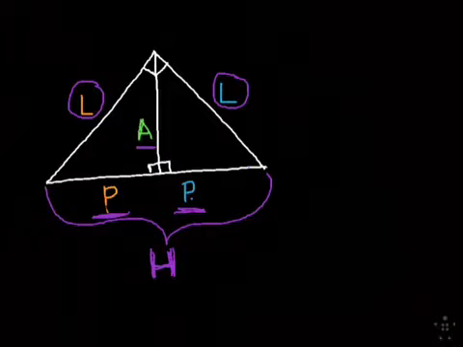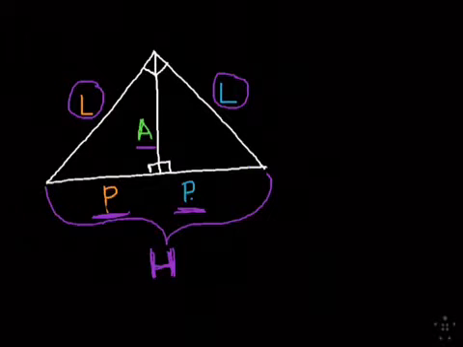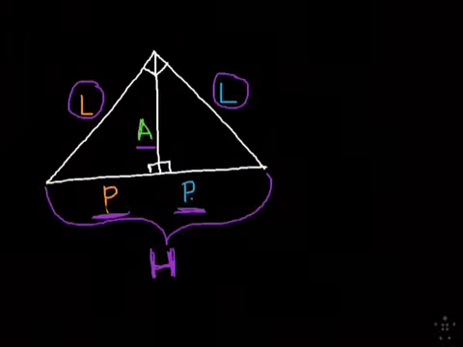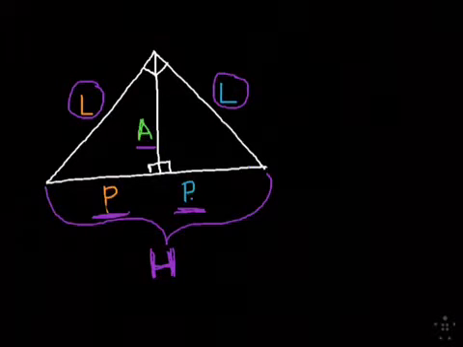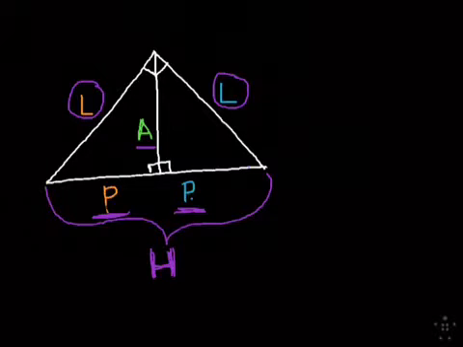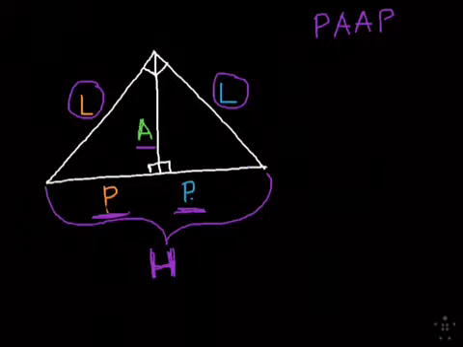When you're using the geometric mean, it might make it a little simpler than having to take this big triangle, split it into the two smaller triangles, and put the corresponding angles in the appropriate places. That can get confusing. So we're going to try this way instead. There are two ways to use this. The first one is called PAAP. You have a part-altitude relationship going on here.